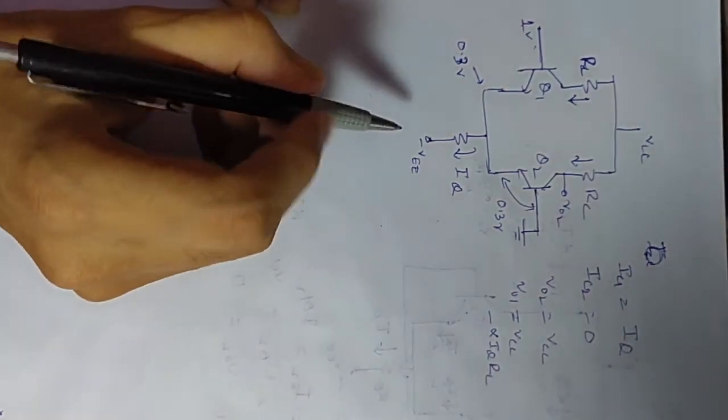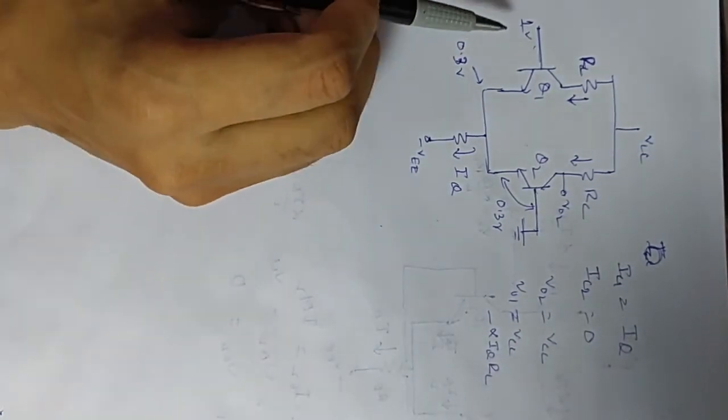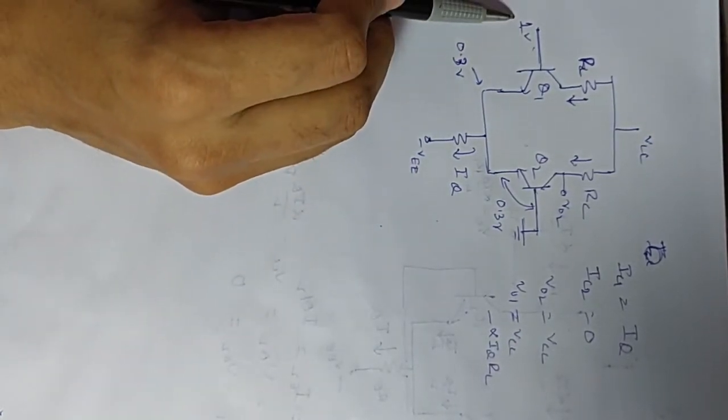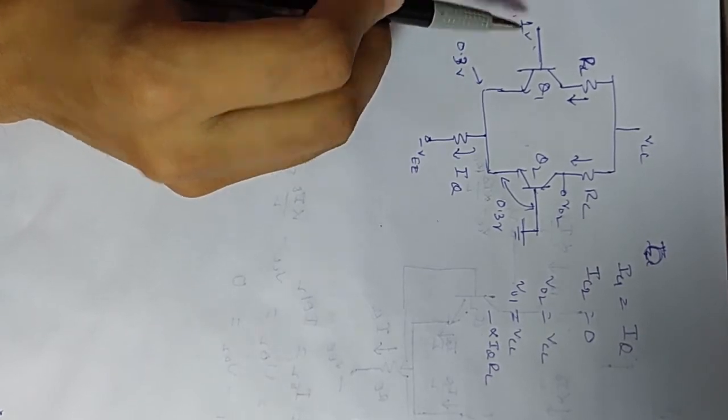There may be a second case. If I consider this potential is minus 1 volt and that is 0 volt.